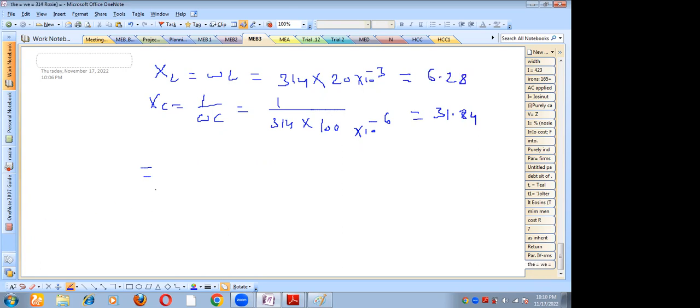So now we have to find XL minus XC whole square. Let us calculate this. I want to do less calculation. We are getting different values, right?